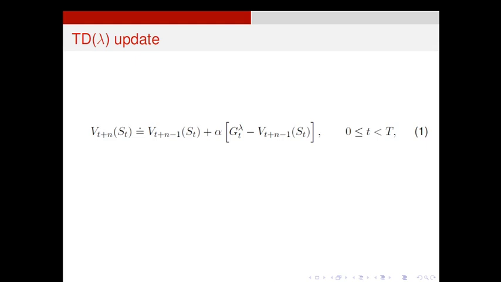We are trying to update the state value using the temporal error. That is the idea. We simply revisit that concept of temporal difference in the temporal difference learning approach.